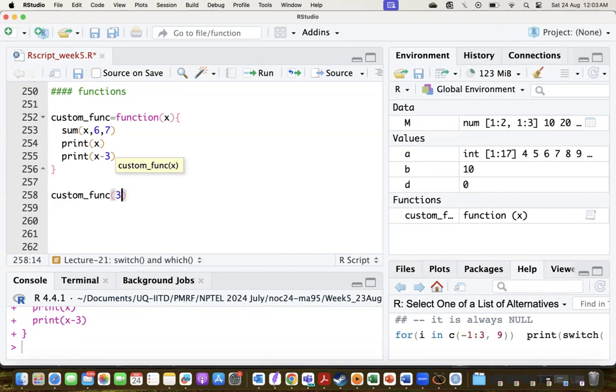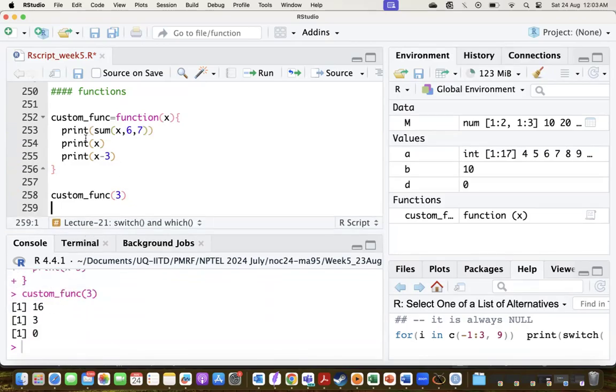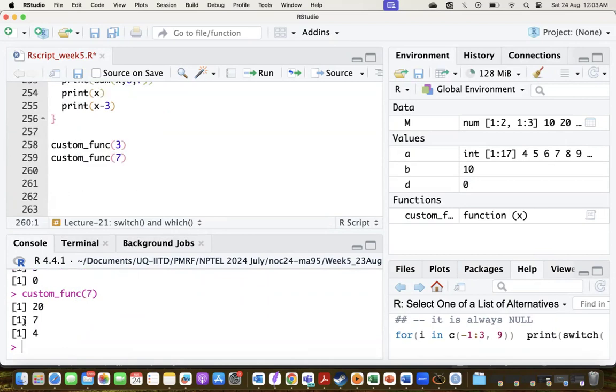Let's say 3. Okay, I'm going to run it again. So now you see what happened here. It executed this line: 3 plus 6 plus 7, so that's 16. It executed 3 itself. It executed 3 minus 3 also. I can run it again. I can say custom func 7, and it again runs for whatever value I fed it.